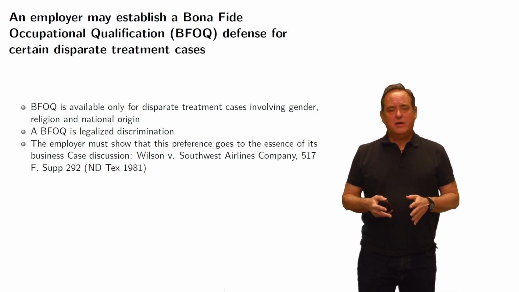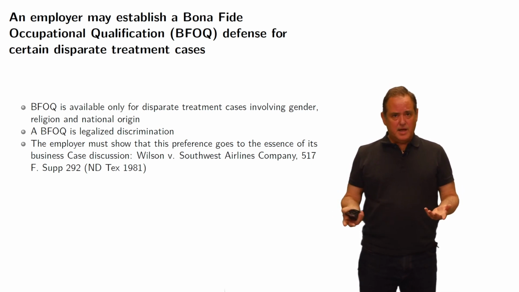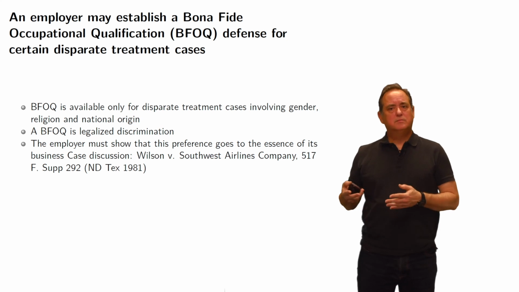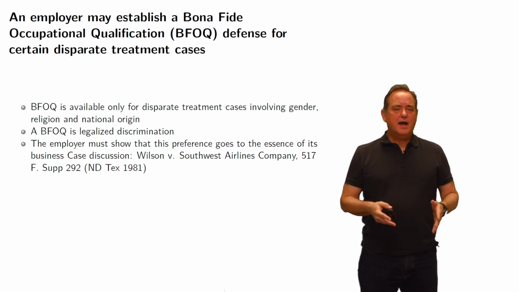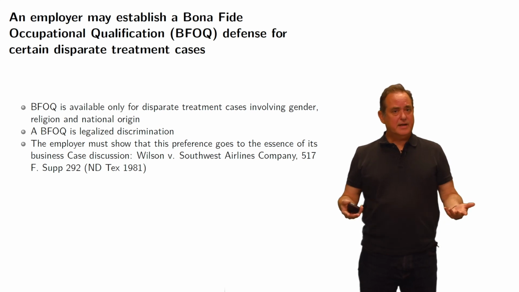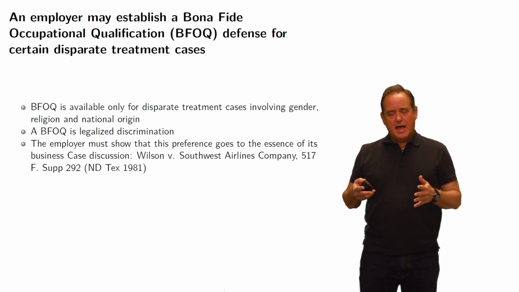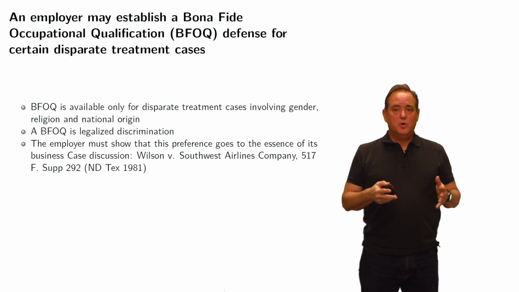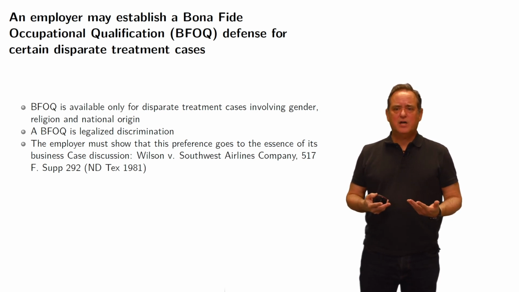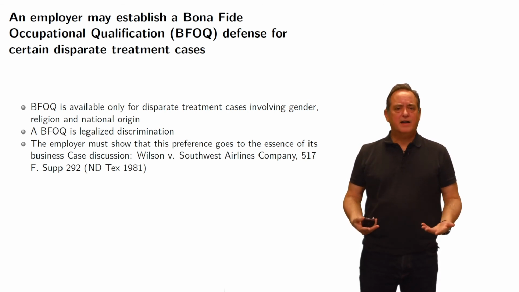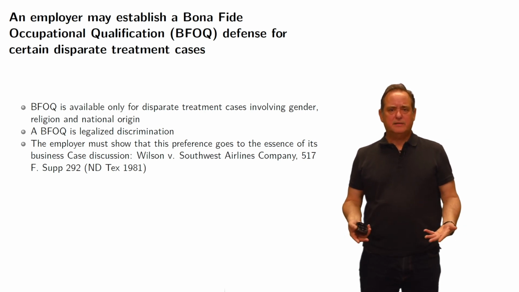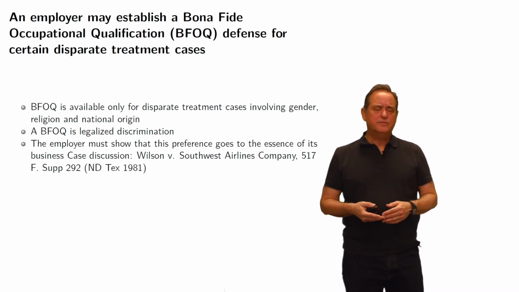If you were a male, you could not even apply for a job as a flight attendant. Southwest Airlines only hired female flight attendants, like every airline did. And so Mr. Wilson wants a job, and so he applies for the job and says, look, I'm a man, I'm qualified for the job, I want to do the job, but they won't consider me. They will only hire a woman for the job.